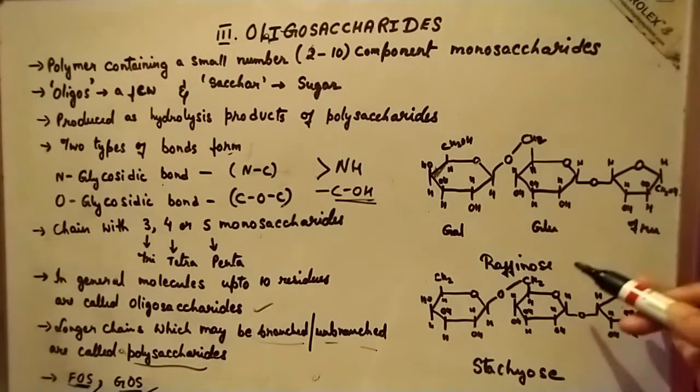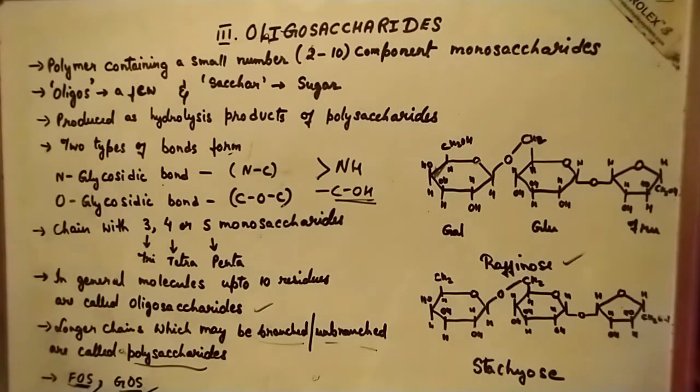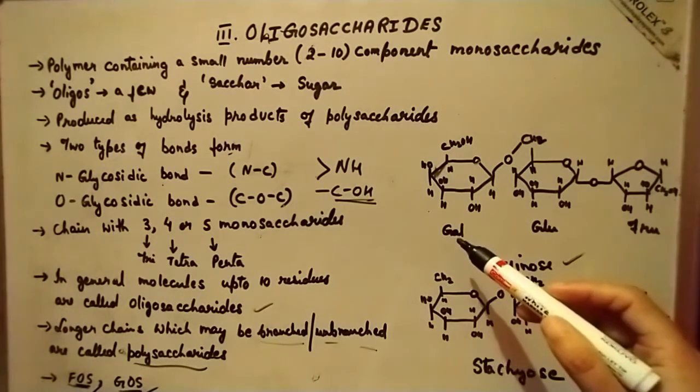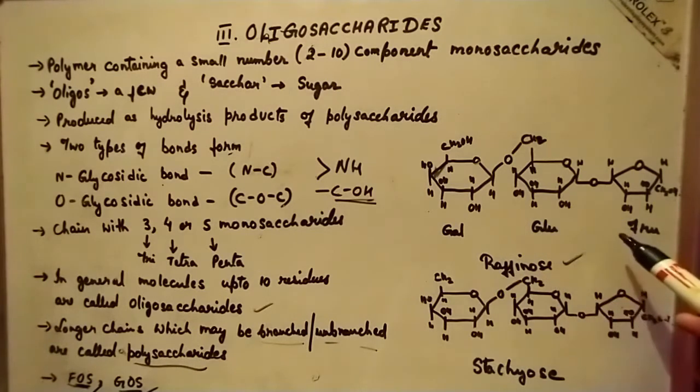There are also a few trisaccharides occurring as natural sugars, and among those, the one I have shown here is raffinose. Raffinose is commonly found in plants such as beans, cabbage and broccoli, and it has galactose, glucose and fructose residues in its structure.